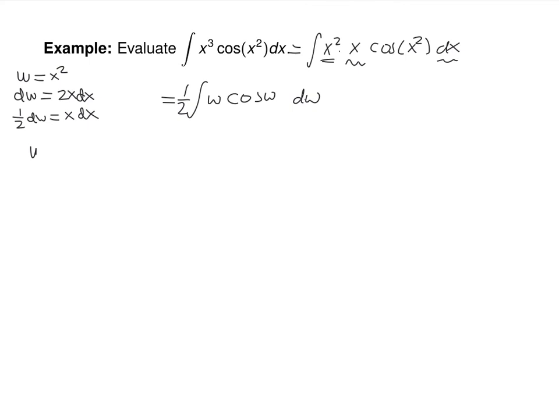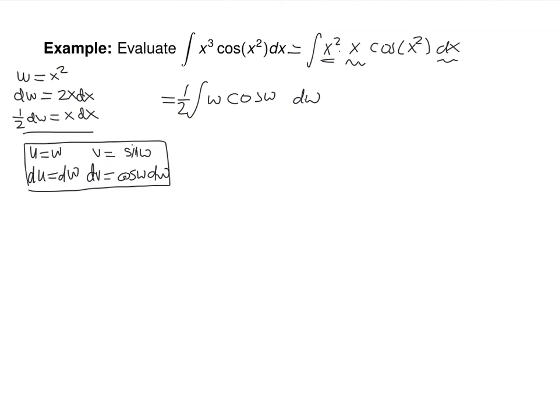So you'll let u equal w, du is dw. You'll let dv equal cosine of w dw, and then v is equal to sine of w. So there we go. So substitution and then integration by parts, as opposed to the other examples where first it was integration by parts and then substitution.